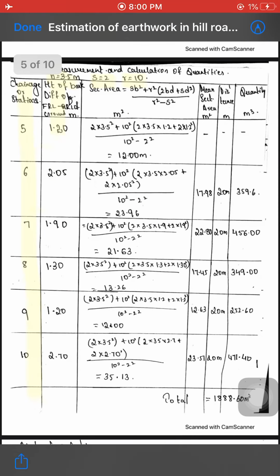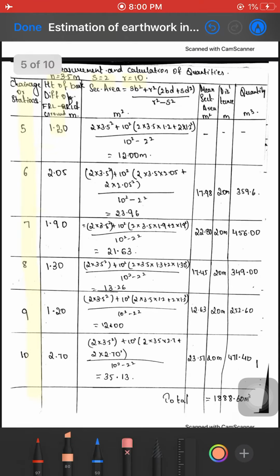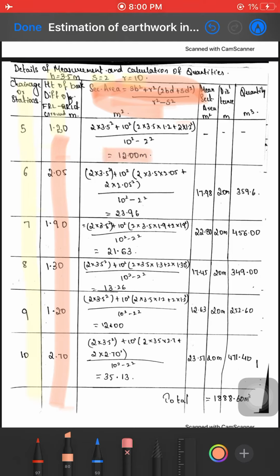You have got it as 1.2, 2.05, 1.9, and since all are positive, it is clear that it is in banking. Next, I have shown you the formula: SB square plus R square 2BD plus SD square divided by R square minus S square. Substituting the values in this formula, we get the area of cross section for each chainage.